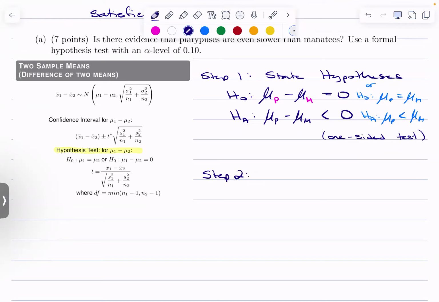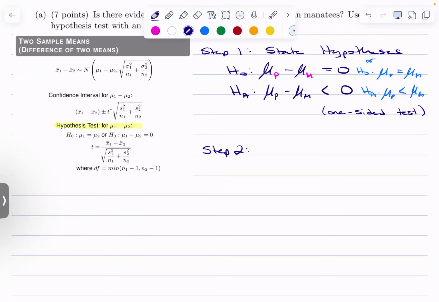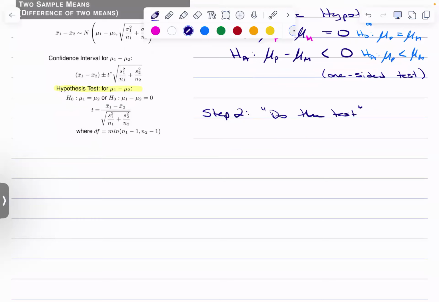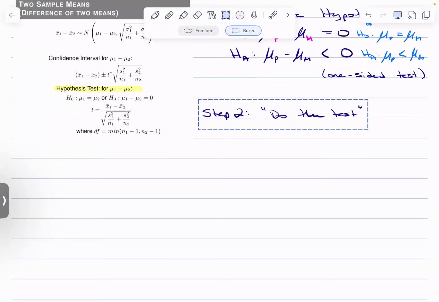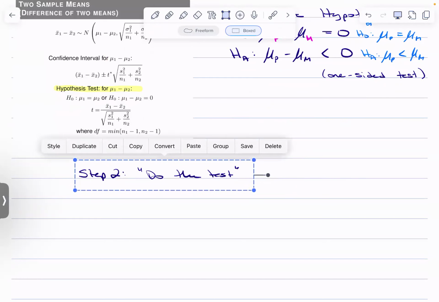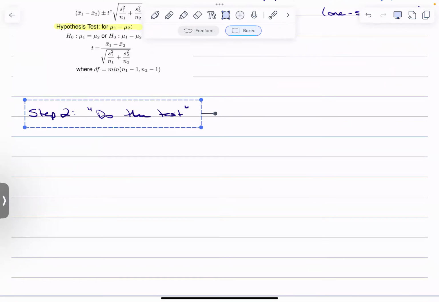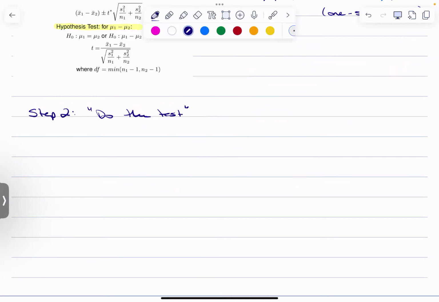Step 2, do the test. So now we have to calculate our t. And I guess maybe I'll do it down here so I have the whole width of the page.